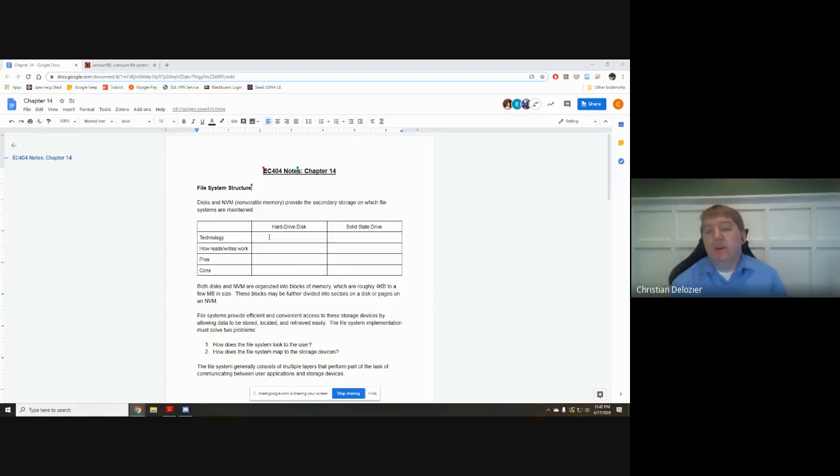There are quite a few different types of non-volatile memory that I'm not going to list here that may be beneficial to use as mass storage in the future. As of right now, they're a little bit too small to be able to use. But eventually one might be a new alternative to these two, which would add more columns to this chart, giving you another option for what you would use for a system.